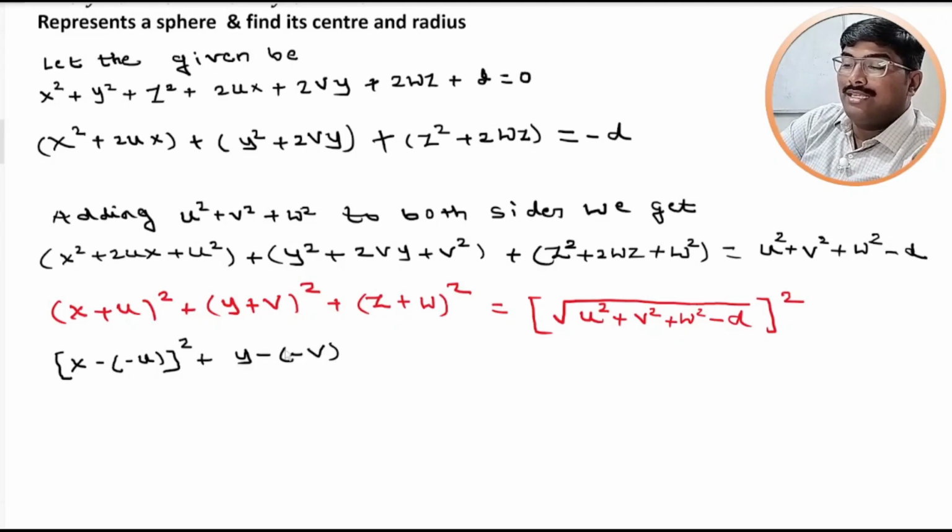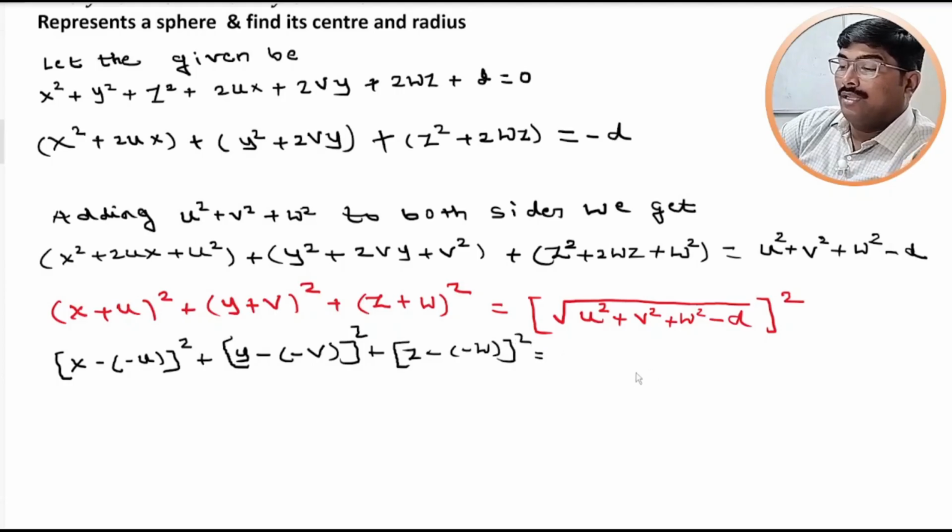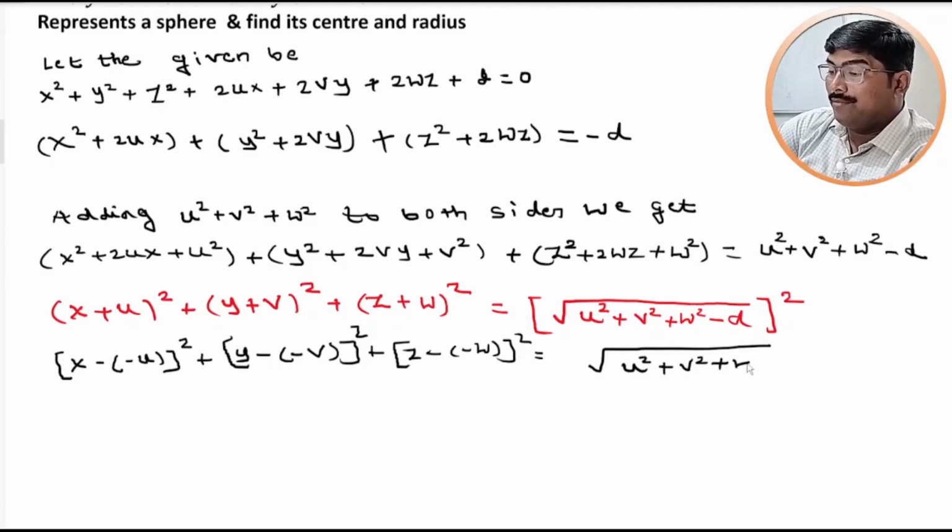Minus into minus v is plus v, so it is y plus v whole square. And the last one we can write it as z minus into minus w whole square. And right hand side we have square root of u square plus v square plus w square minus d bracket square.